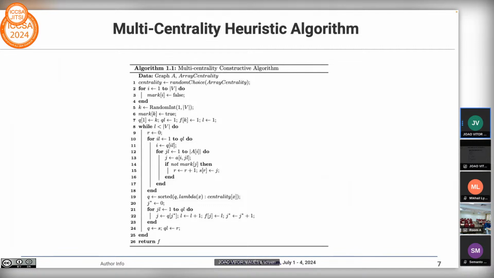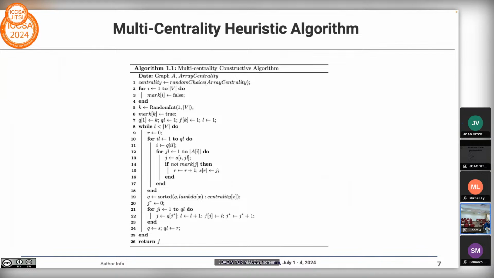The algorithm. Now I will talk about the algorithm that we proposed. The algorithm receives an array of centrality for each vertex, then initializes a dictionary to mark the visited vertices. After that, in breadth-first search, vertices are placed in rows as follows.